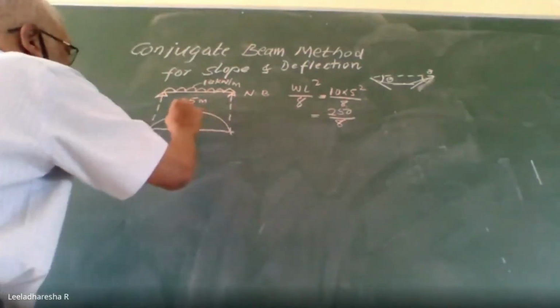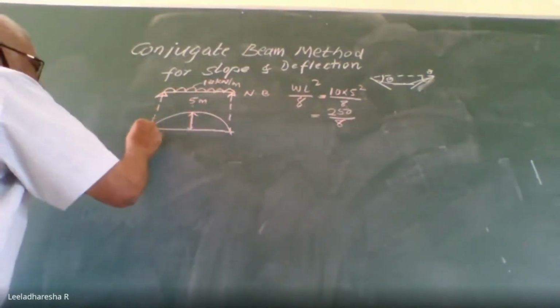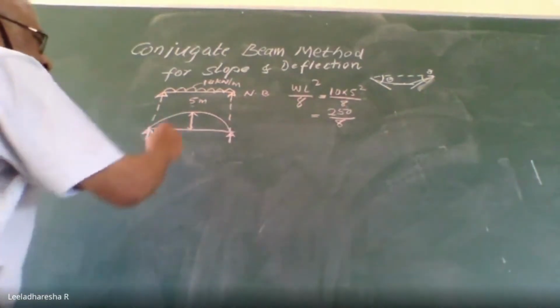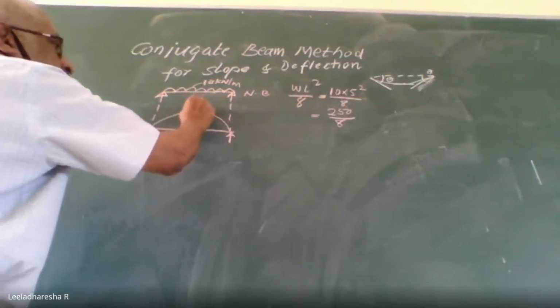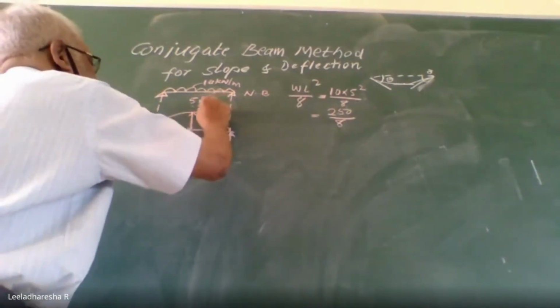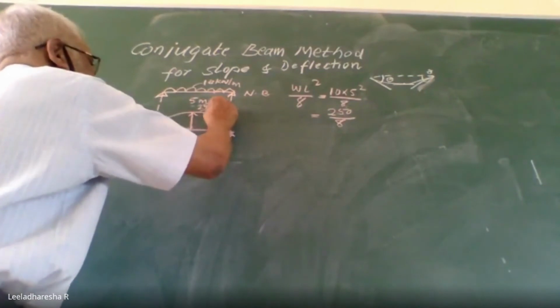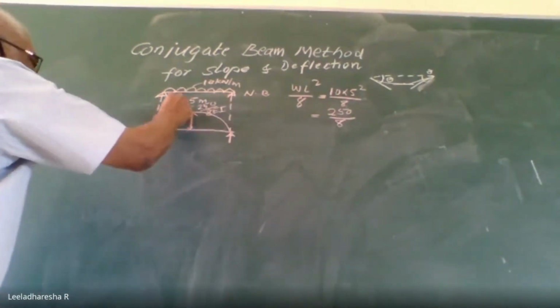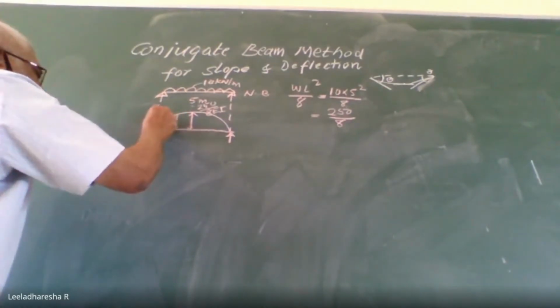So, convert this into a conjugate beam. Give two supports, and this load is nothing but 250 divided by 8 EI. And this acts as load.